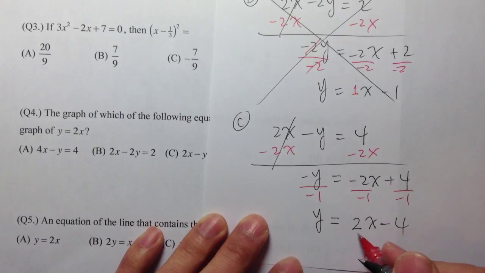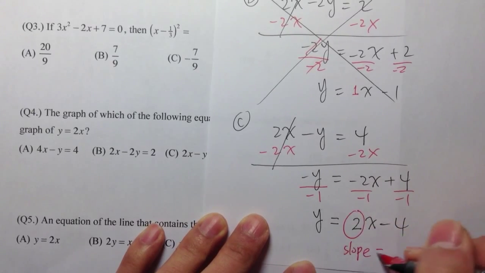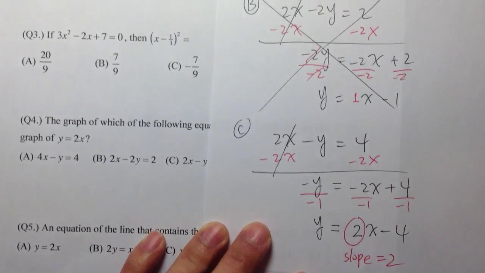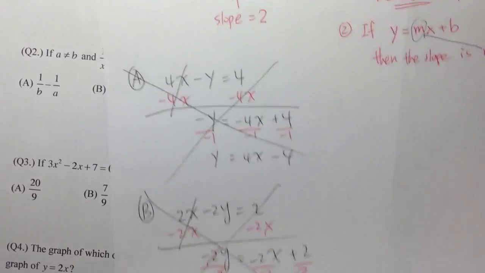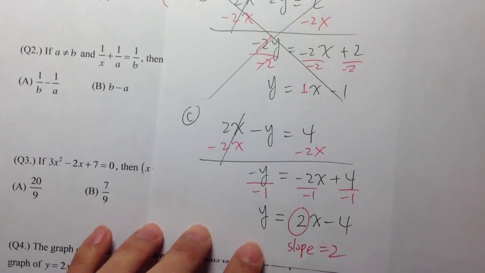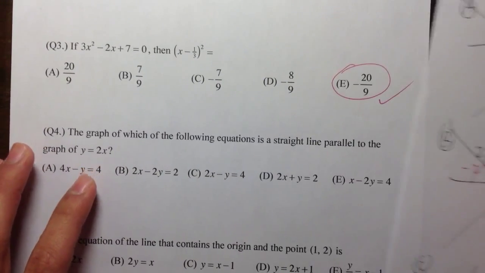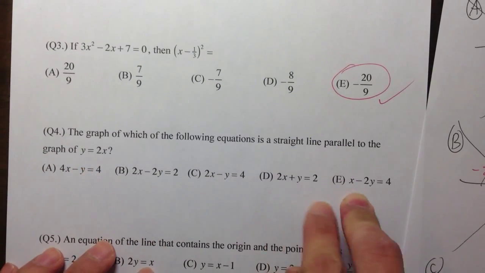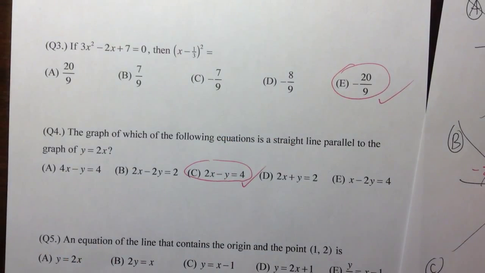The number in front of the x this time is positive 2, so the slope is equal to 2. Same slope as the one we have up here. So choice C is the answer. I don't need to bother checking D or E because there should be exactly one answer here. Alright.